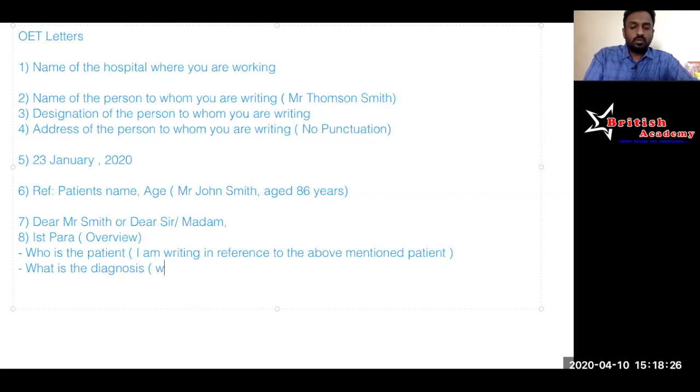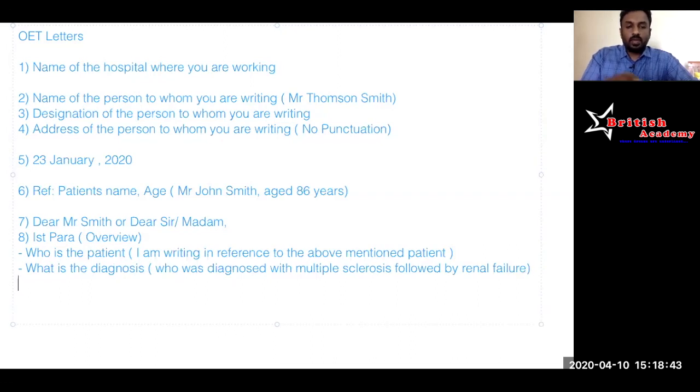So I would say he was diagnosed with multiple sclerosis followed by renal failure, for example. After this, the third piece of information I need in this first paragraph is, what is your purpose?